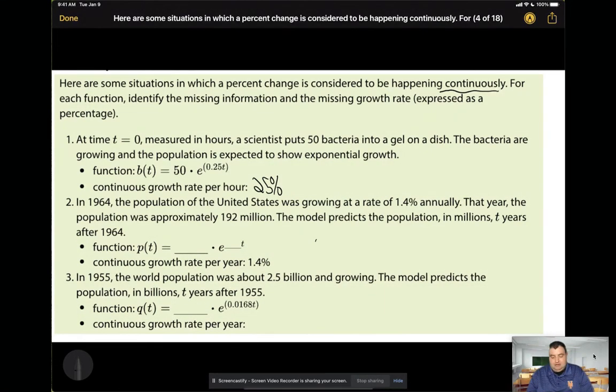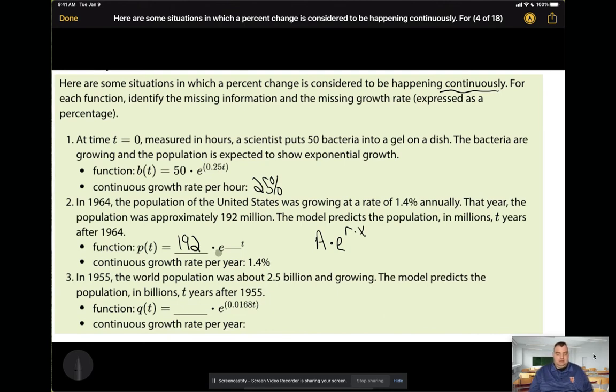So again, remember our formula is A times E to the power of R times X. So my A value is my initial value. What's my initial value here? It's 192 million. So I'm going to put in 192 with the understanding that that doesn't mean 192 people. It means 192 million people.